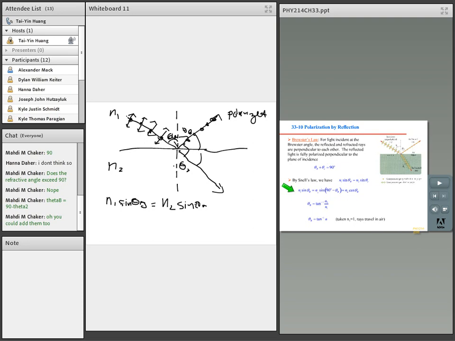So you have n1 sine theta B equal to n2 sine of theta R, which is 90 minus theta B. So what is sine of 90 minus theta B? That will just give you cosine. So you have n2 cosine theta B. In other words, n1 sine theta B is equal to n2 cosine theta B. Now they have the same angle, so you can find out what that angle is, and that angle is basically the inverse tangent of n2 over n1.